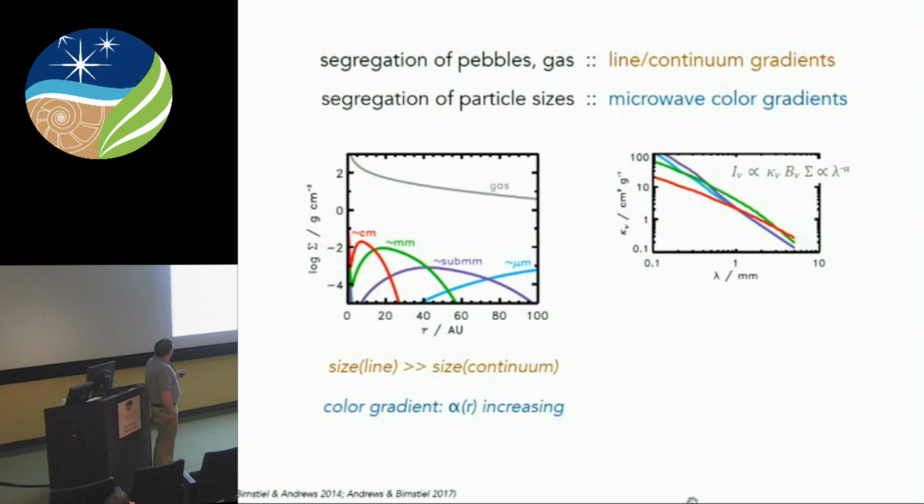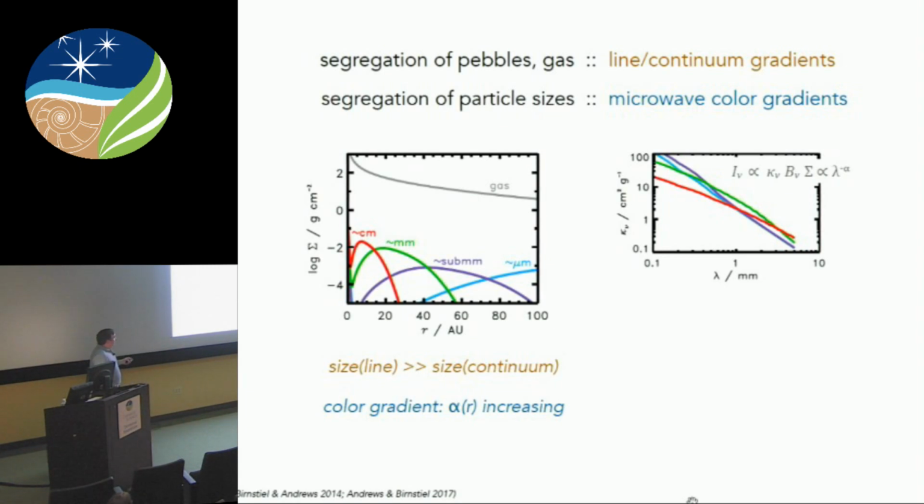If you think back to the very simple relation for optically thin emission from these continuum sources, you have emissivity times the Planck function times some column density. There's no spectral dependence of the column density, and everyone here should, from freshman physics, understand the frequency distribution of the Planck function for some given temperature.